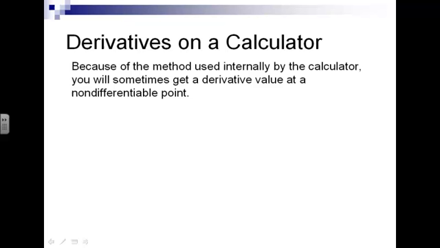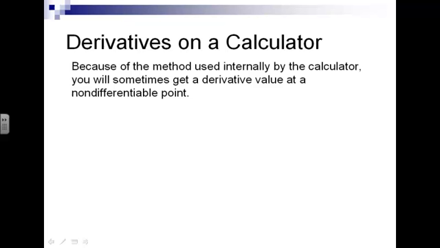Okay. The one thing to note here about the end derivative function, it's just using a formula. It doesn't look to see whether a function has a cusp or a corner or a horizontal tangent, or sorry, vertical tangent. It just plugs the numbers in and sees what it gets out. So in some cases, the end derivative will give you a value of derivative when the derivative really doesn't exist.